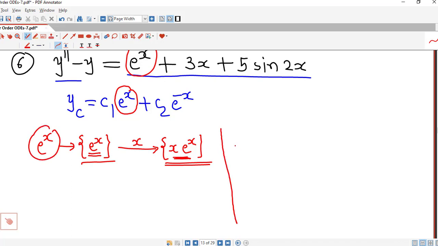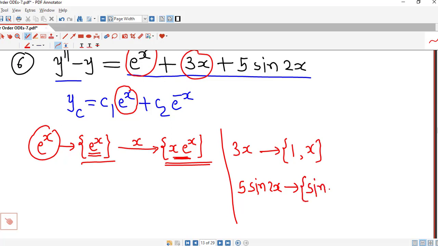Now corresponding to the function 3x, the family of derivatives is 1, x, and corresponding to 5 sin 2x, the family of derivatives is sin 2x, cos 2x. We have to check for each individual family. So there is no member of this family present in the complementary function.